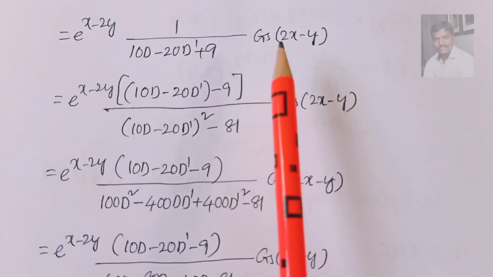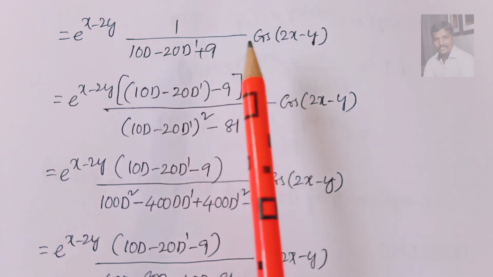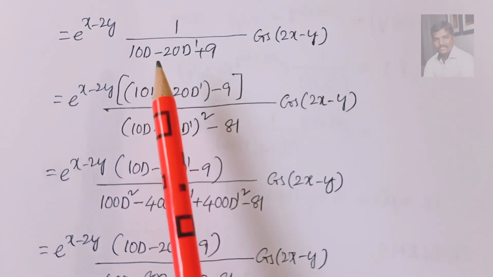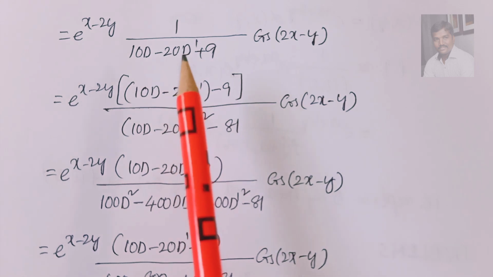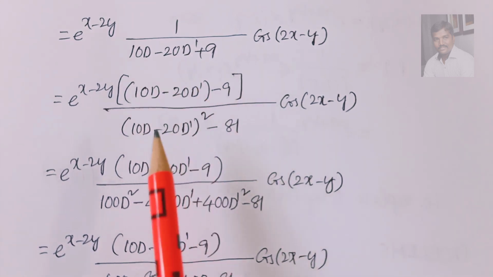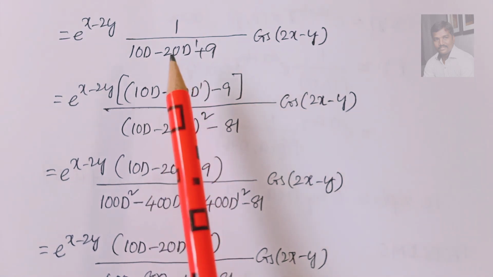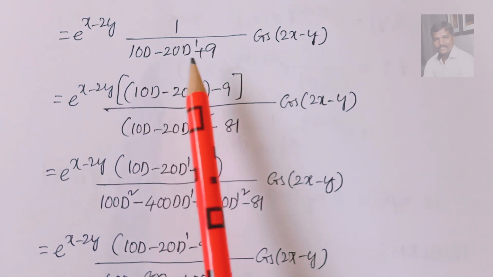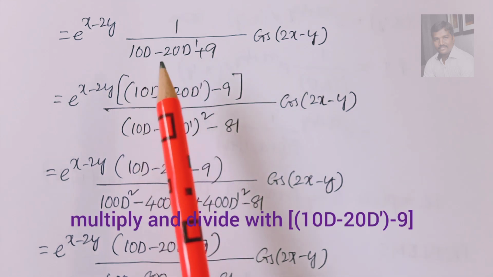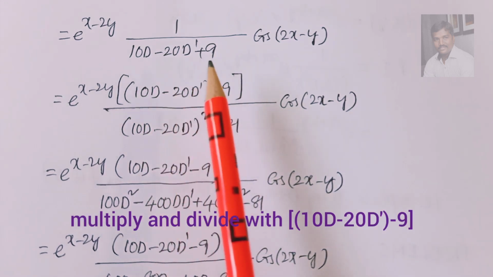Now, in order to operate this on cos(2x − y), in the denominator we need to get D², DD' and D'² terms, but this is not like that. So for that, what we have to do is rationalize: multiply and divide by (10D − 20D' − 9).